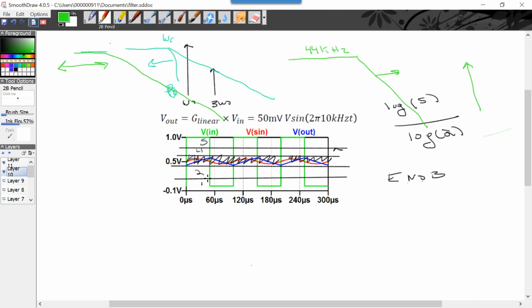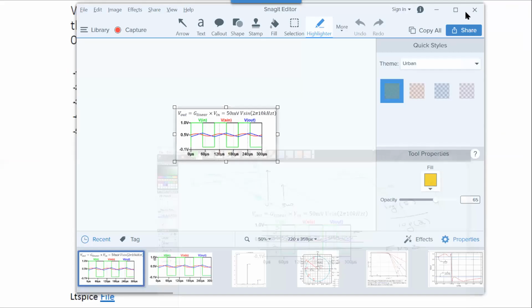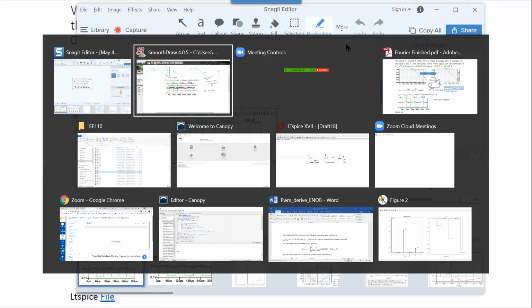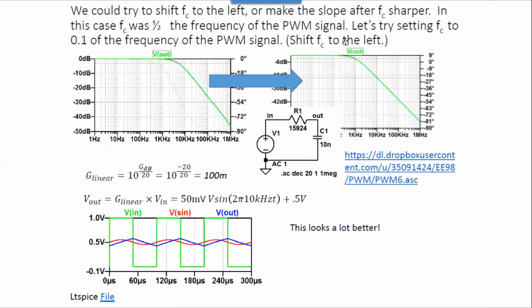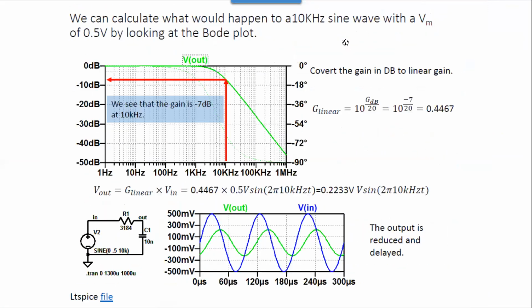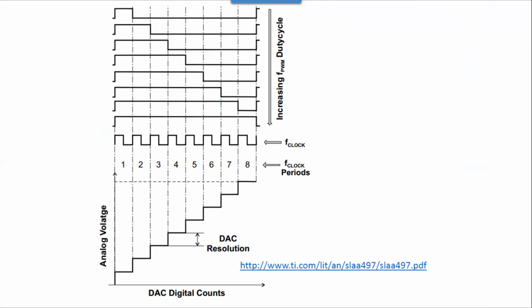The other thing is we need to have more clock cycles as well. If we come back here, we have a clock cycle that we can break up into 8 periods.